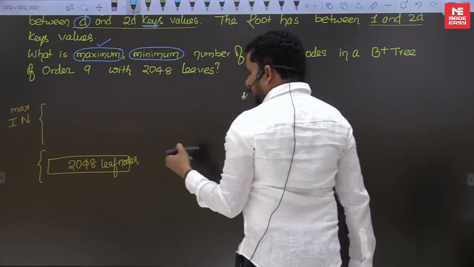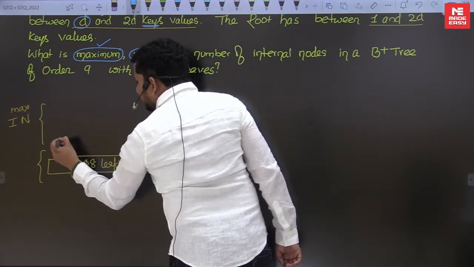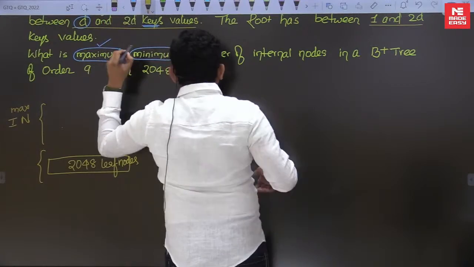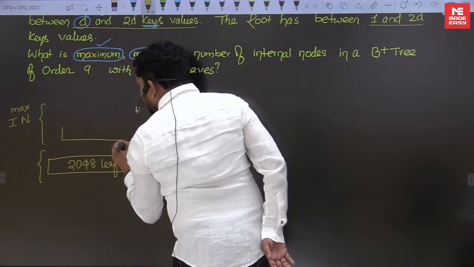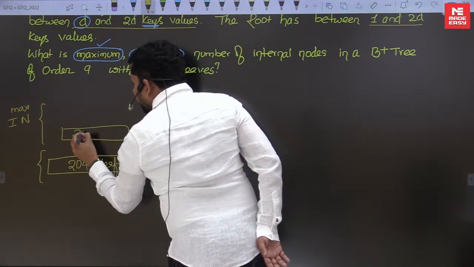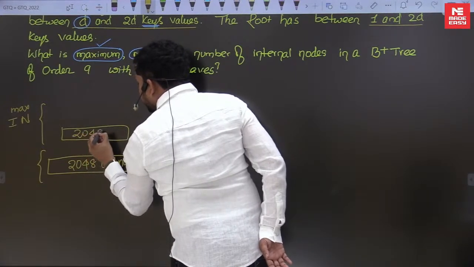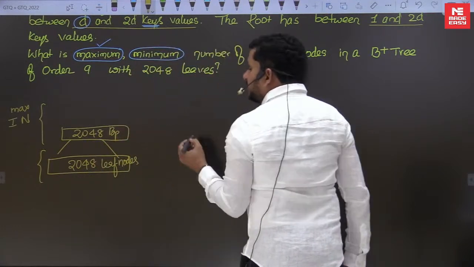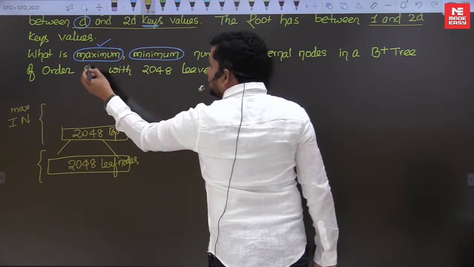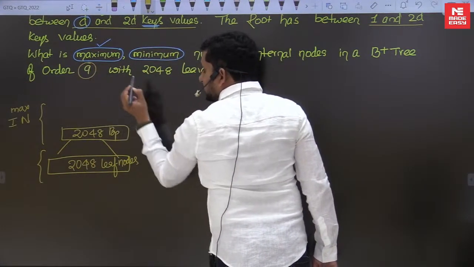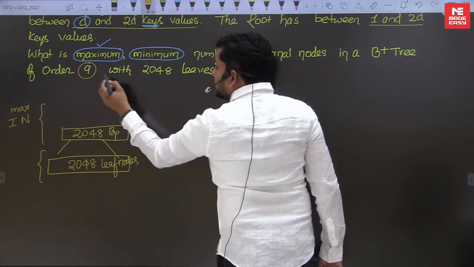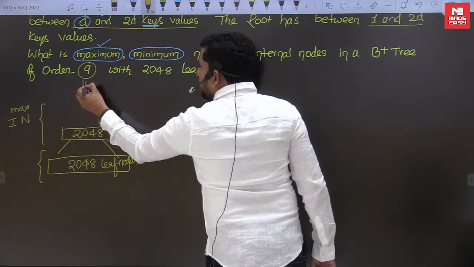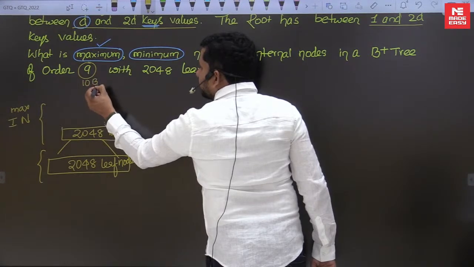In the previous level we need 2048 block pointers, with minimum 9 keys. Minimum 9 keys means minimum 10 block pointers per node.